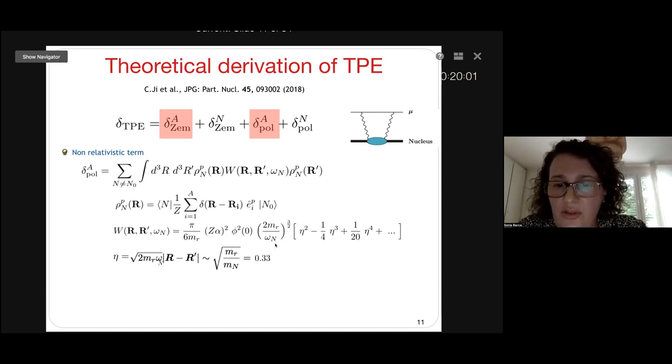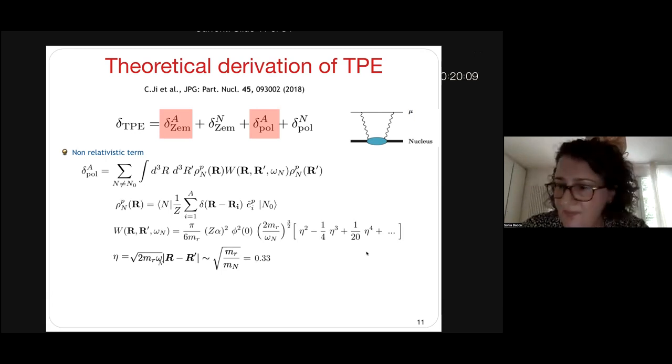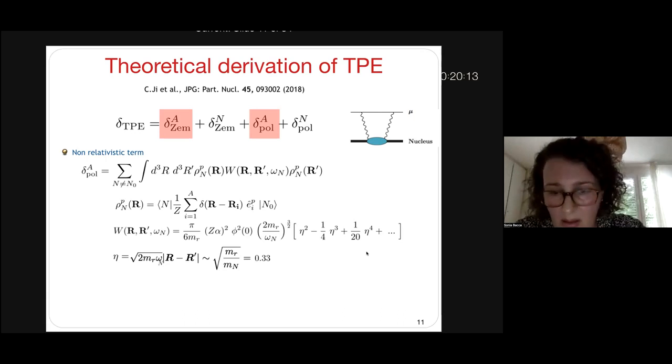So we truncate this expansion up to eta to the 4th, because the next term is eta to the 5th and eta is relatively small. We hope it's enough. If it's not, we have to evaluate the leftover terms somehow. But I will show the results first, done with this truncation.